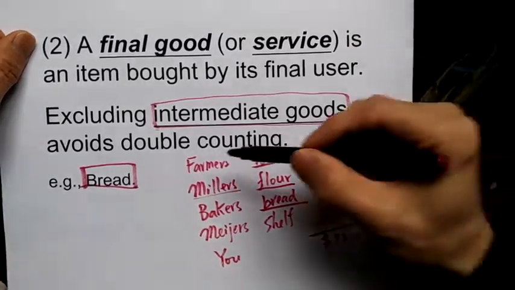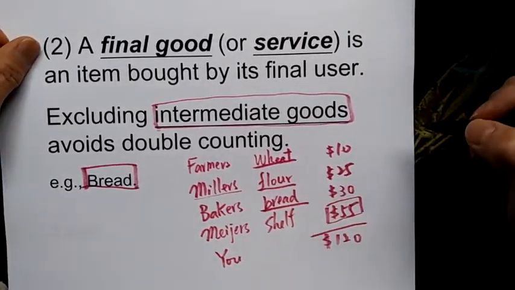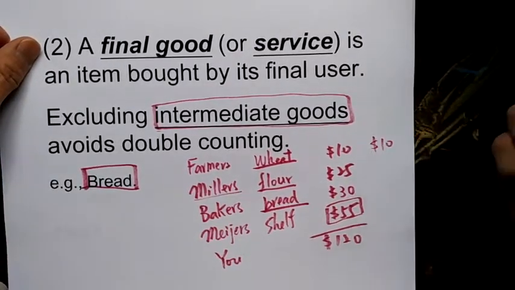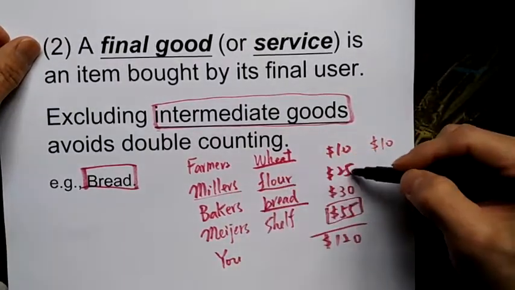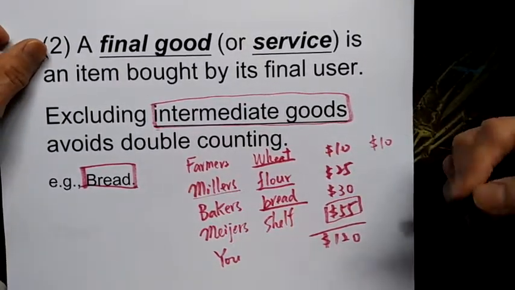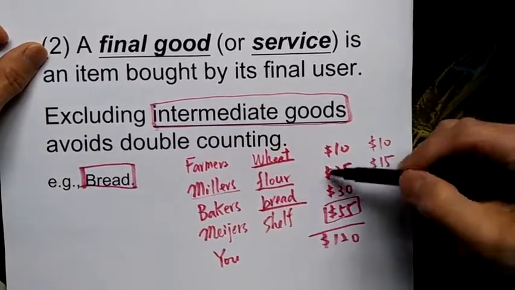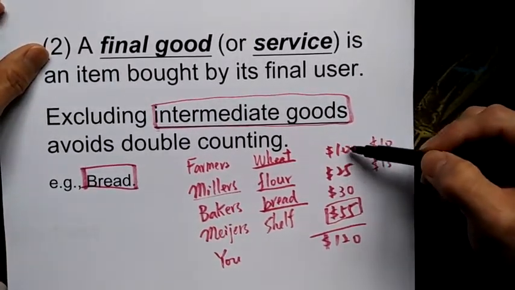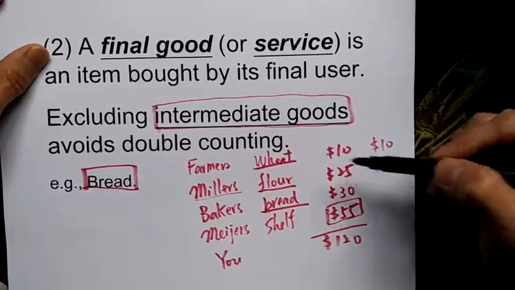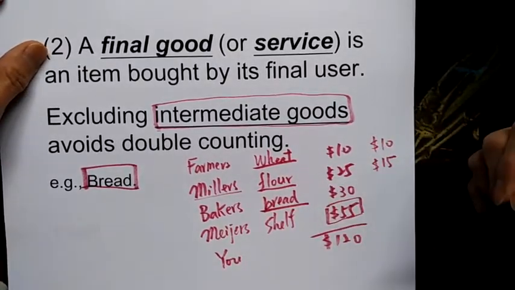Now, think about this. What is farmers' contribution to the economy? $10. What is millers' contribution to the economy? The answer is $15, because the millers add $15 of value on top of the wheat to make flour.